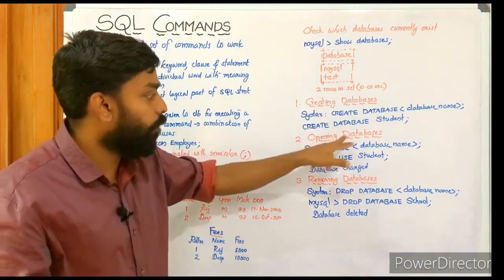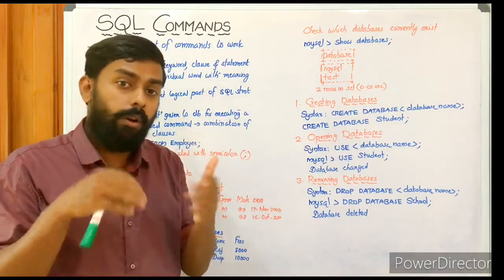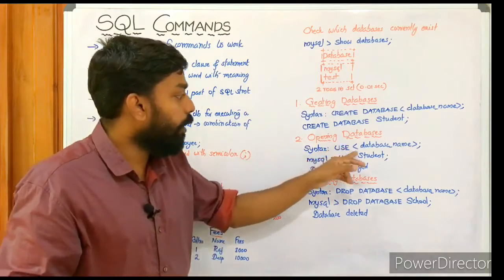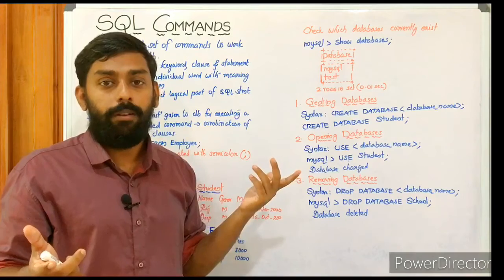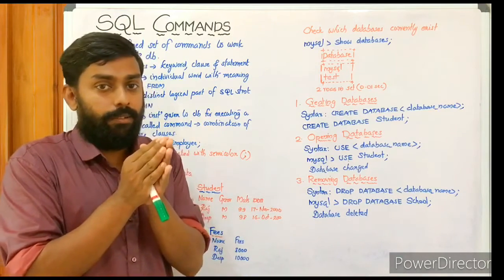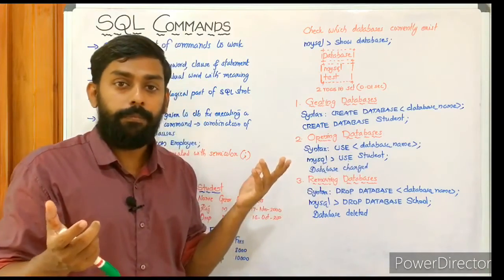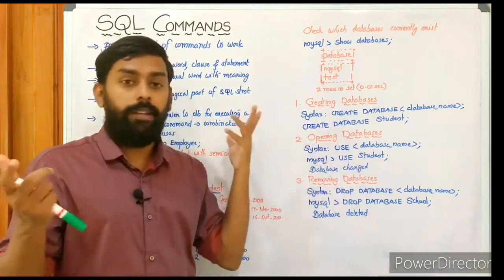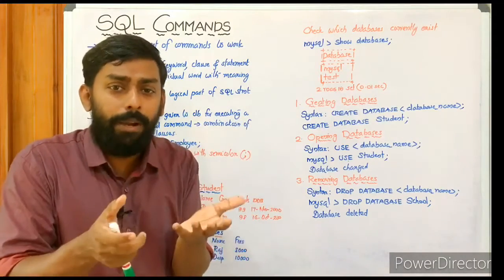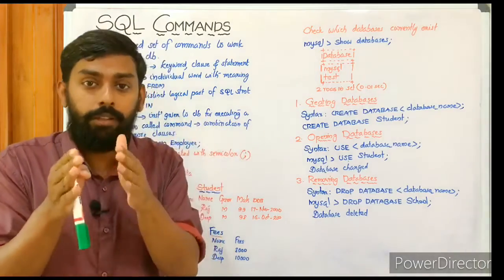But before that, we are trying to open the already created database student. It's very simple. The syntax is use database name, semicolon. Use database name opens the database which we are mentioning. Example, at the MySQL prompt, use student. What happens? Database changed. You can use it. Why do we want to open it? Because after creating a database, you have to open it, you have to use it.